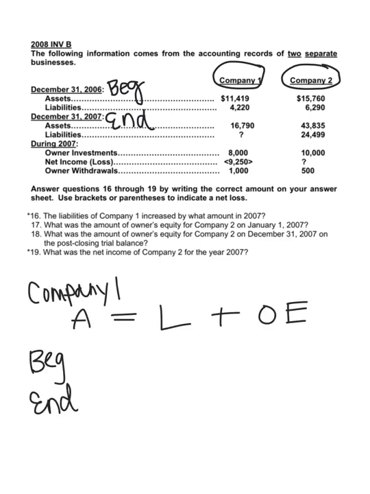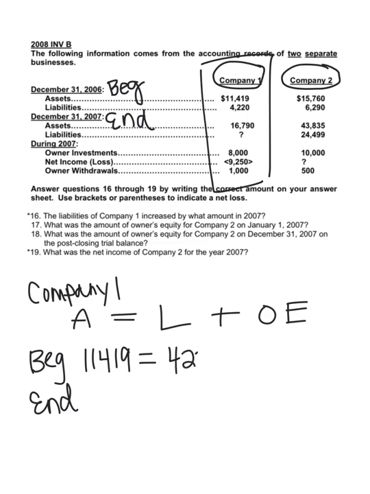Okay, let's start with Company 1. So I'm just going to go ahead and box it in so we can keep our full attention on Company 1. I went ahead and made the exact same table as what I did on the last example. I know that my beginning assets were $11,419. And my beginning liabilities were $4,220.